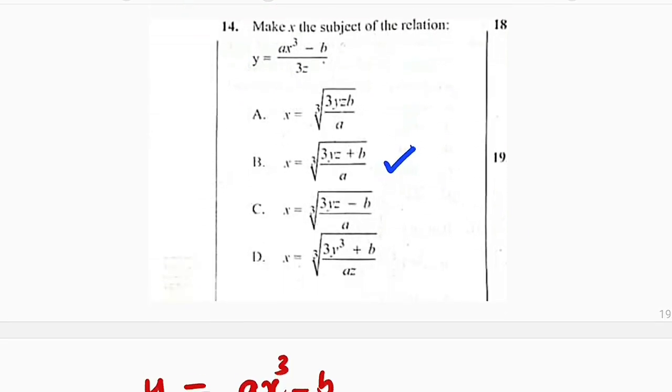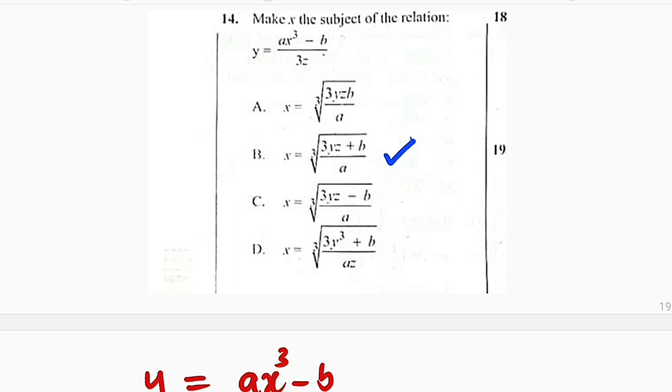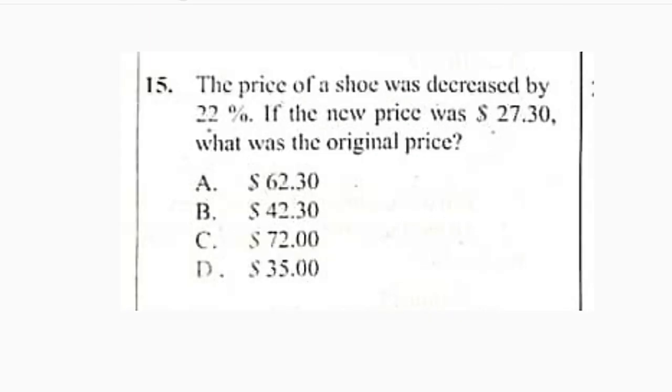So now let us move on to the last question, which is question number 15 for today. All right, here is question number 15. The question reads, the price of a shoe was decreased by 22%. If the new price was $27.3, we are asked to find the original price. Okay, let us find it.